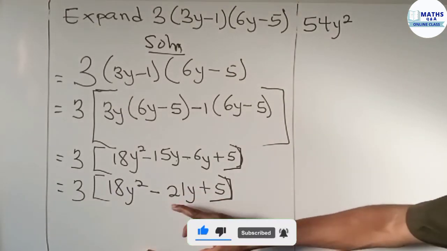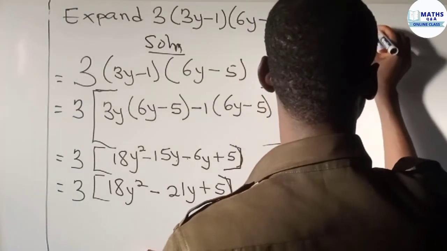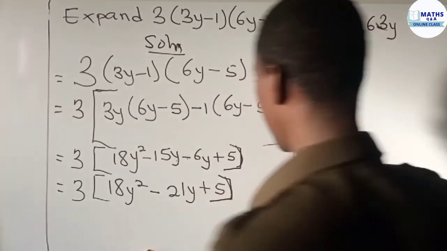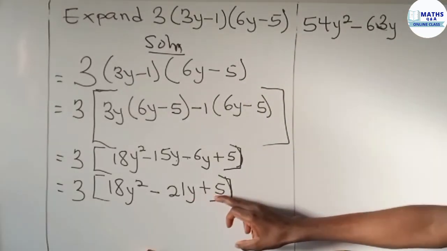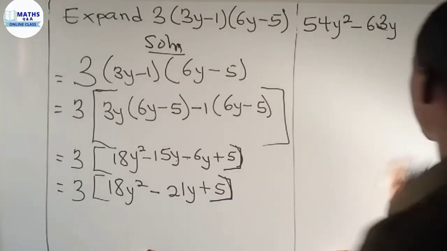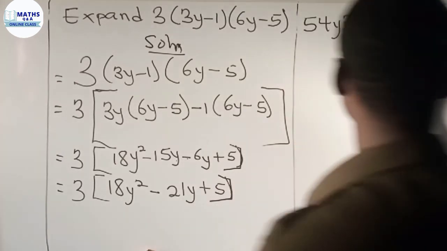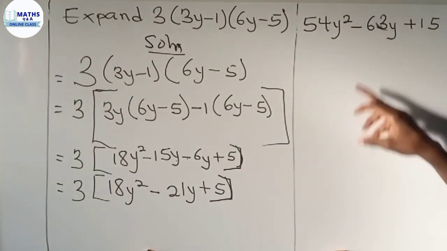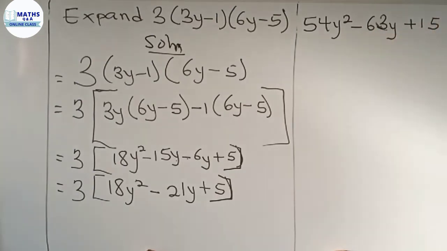So that one becomes 63y, so we have our negative 63y. And the next one is 3 multiplying positive 5, and that one gives us what? Positive 15. So this becomes our results. We have 54y squared minus 63y plus 15.